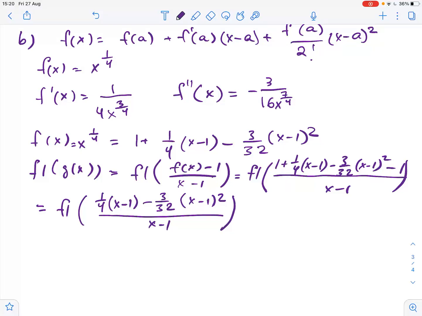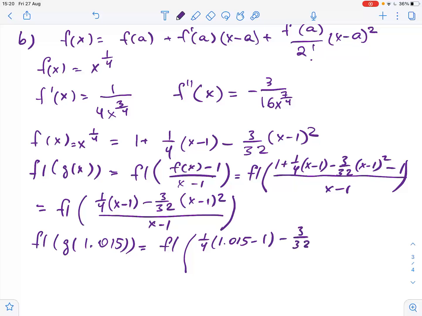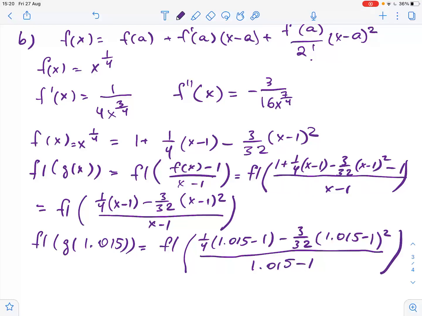So we substitute values and use idealized chopping floating point arithmetic here, and we get that fl of g of 1.015 equals fl of 1 over 4 times 1.015 minus 1 minus 3 over 32 times 1.015 minus 1 squared over 1.015 minus 1.